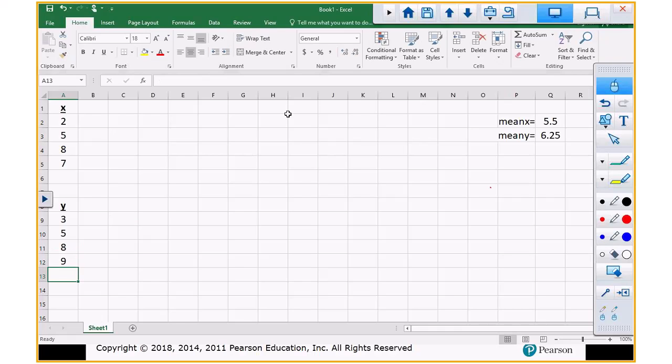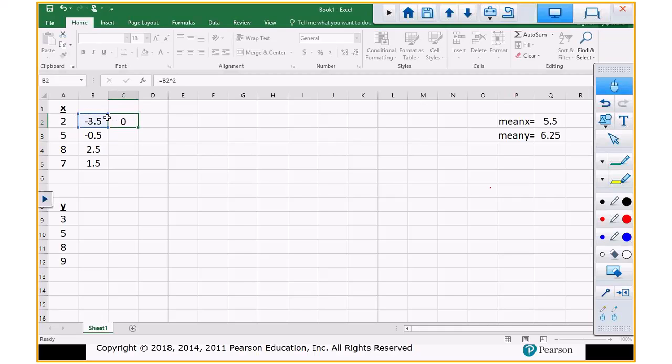There we go. All right, now I've got to find my X minus X bar. So equals this minus this, F4. Y'all remember doing this for your variance and standard deviation, right? Okay, you got to do this for this, and then you got to equals this raised to the what?